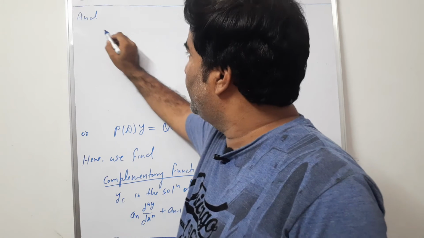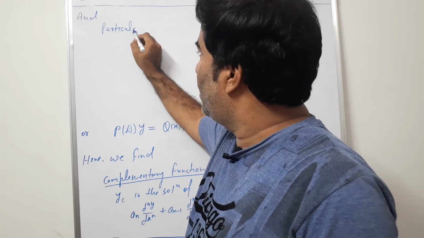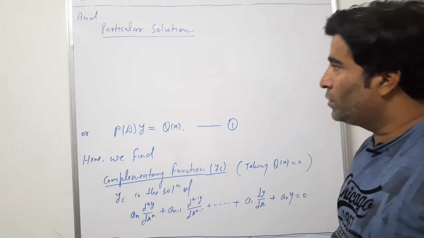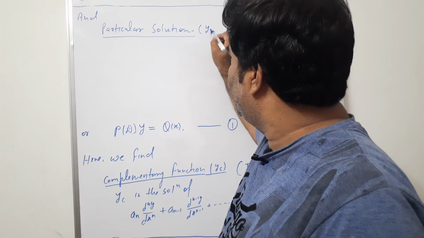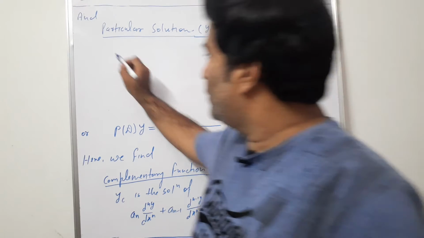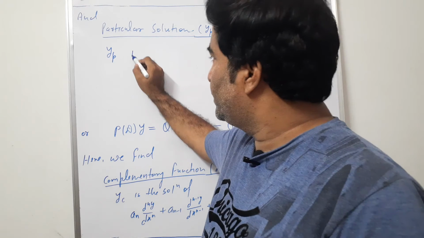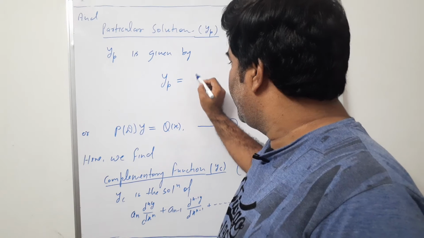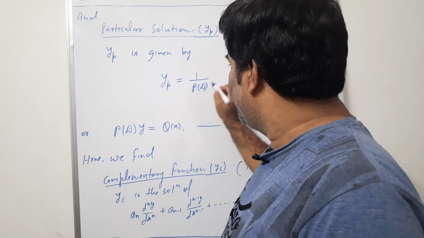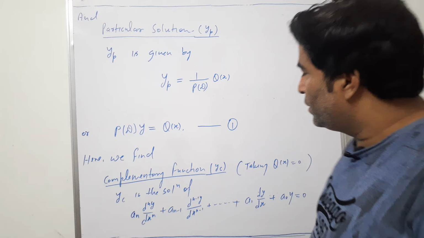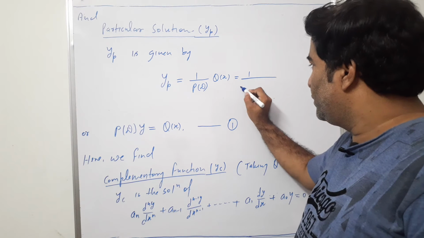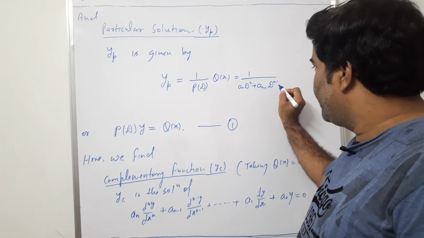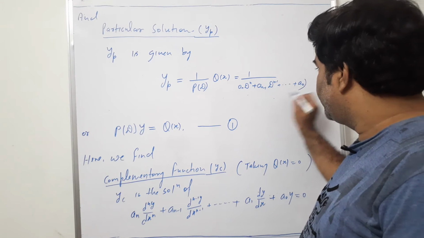And we find the particular solution, denoted by y_p, which is given by 1 upon f(D) Q(x), or this is actually 1 upon a_n D^n plus a_(n-1) D^(n-1) plus and so on plus a_0, operating on Q(x).